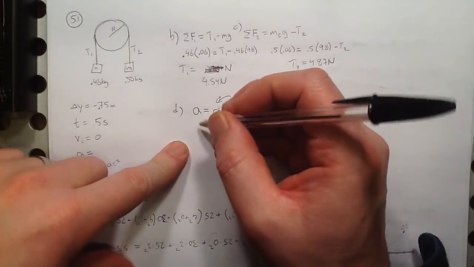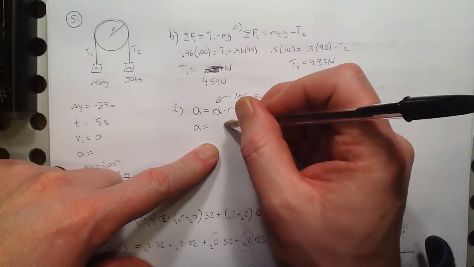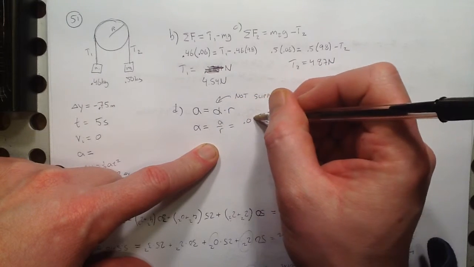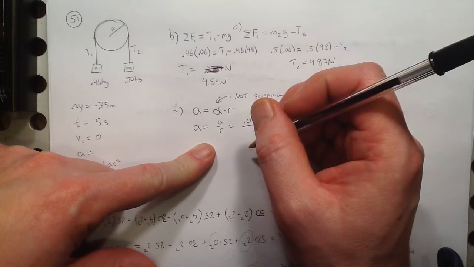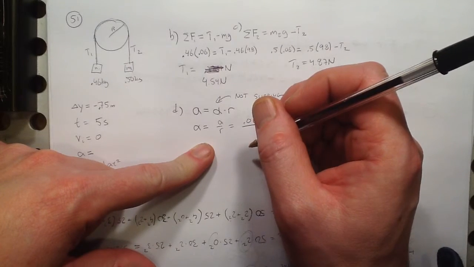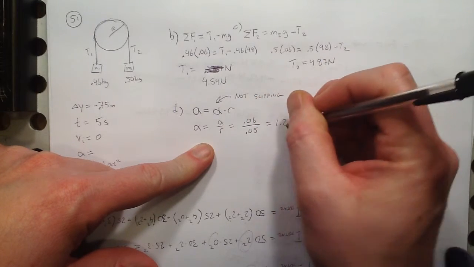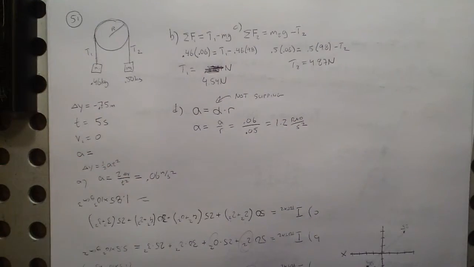So that means that my angular acceleration is equal to a over r, which is 0.06 over the radius, which was 5 centimeters. So that's 1.2 radians per second squared. Right?